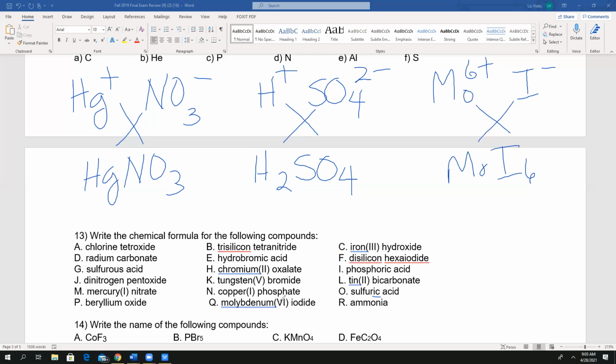There you go. And don't forget ammonia. It's always NH3. It's just the name for it. So that's one of those you have to remember yourself.